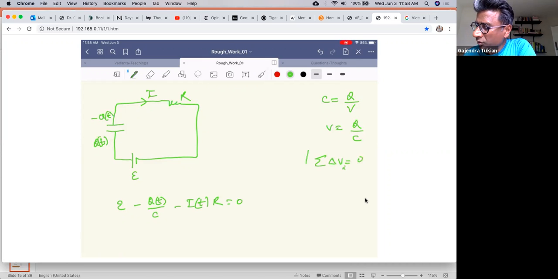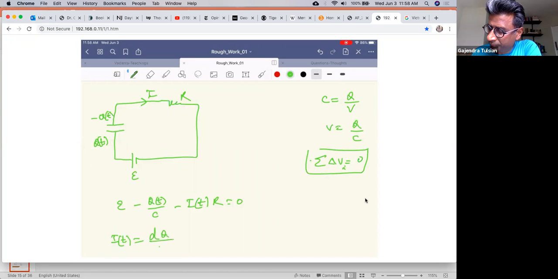This rule helped you set up this equation. Now, the current is the rate of change of charge, so I is dq by dt.